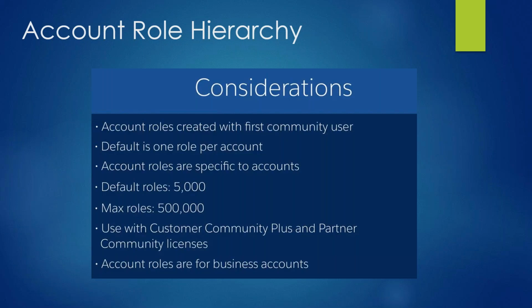Yeah, so when you have a default of 5,000 roles, and you mentioned the max of 3 over there, depending upon the number of accounts your roles will run out later on, because if you set up 3 per account, it means 3 roles have been used up. If many different accounts come in, you will exhaust a lot of roles. That's the reason you need to connect to Salesforce to increase the roles.